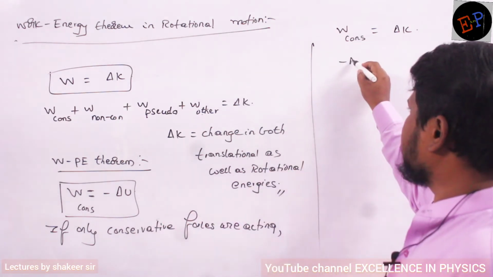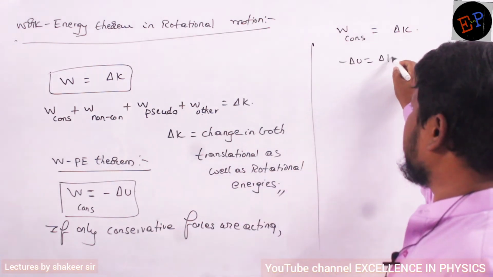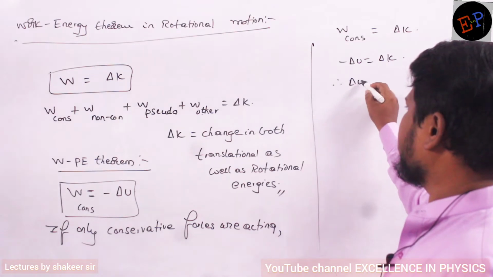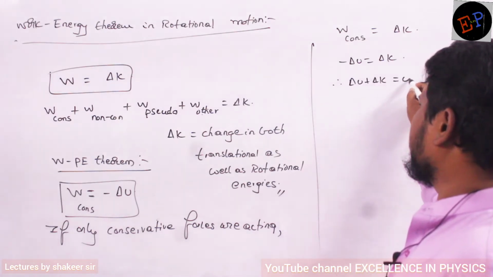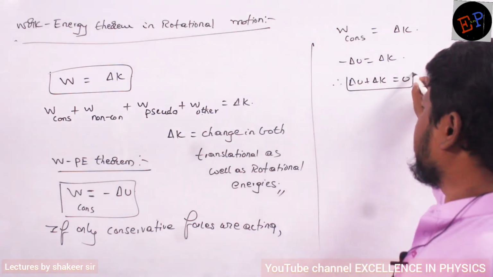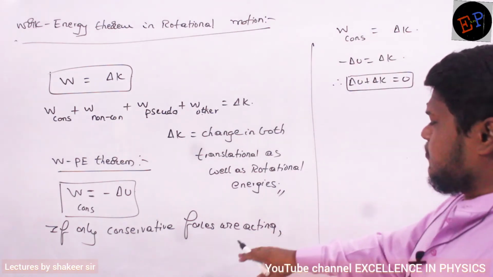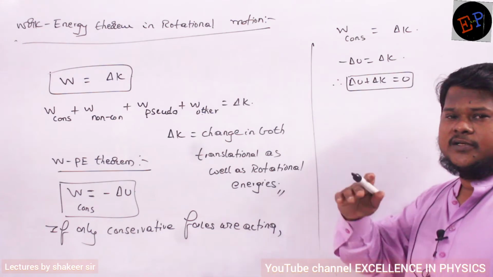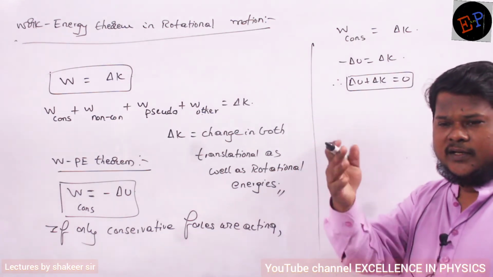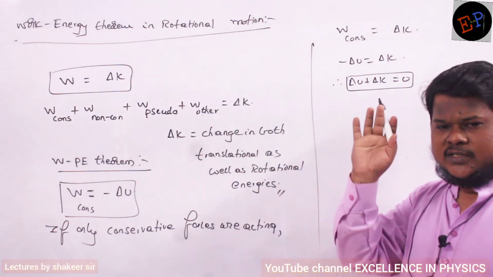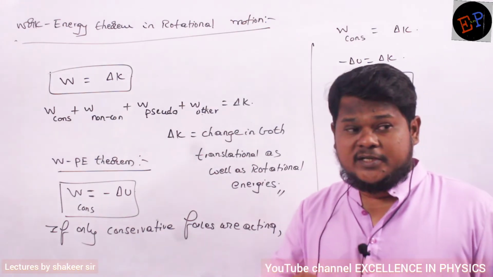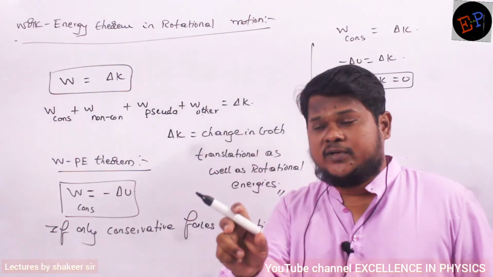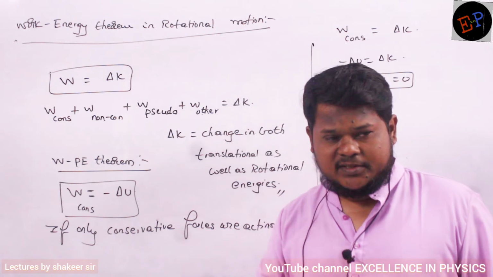Minus delta U. So minus delta U is equal to delta K. Therefore I can write delta U plus delta K is equal to 0. What is the meaning of this? If only conservative forces are acting, change in kinetic energy plus change in potential energy is 0. Are you able to understand?